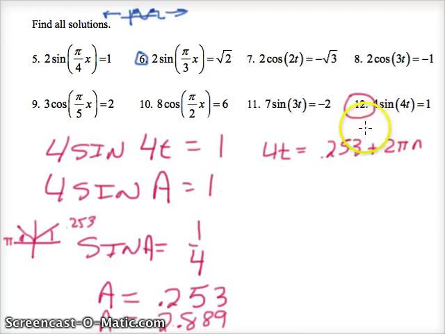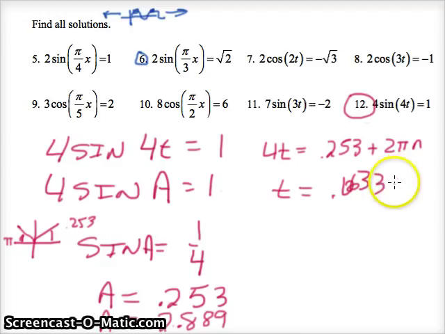And I'm going to have to divide by 4. So t is equal to 0.253 divided by 4, which is 0.0633 plus, and I'm dividing by 4, so that's pi over 2 n. Okay, a little sloppy there, sorry about that.